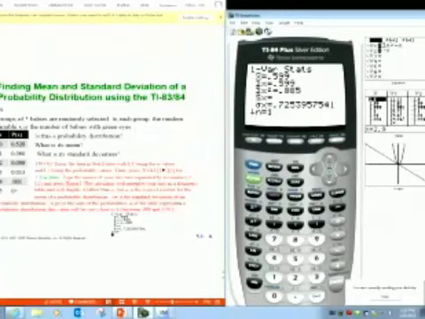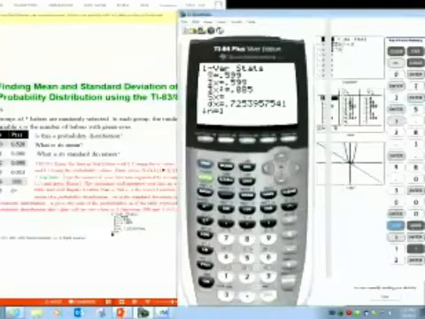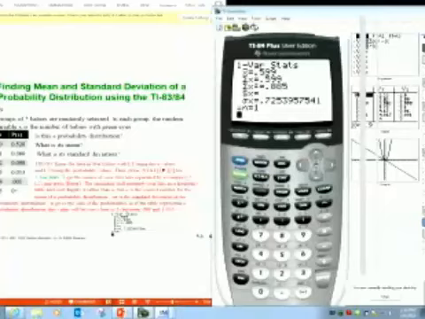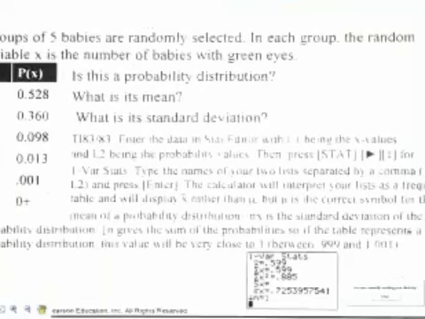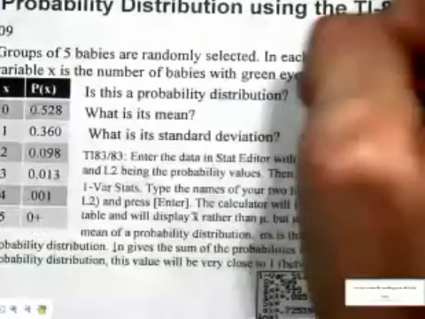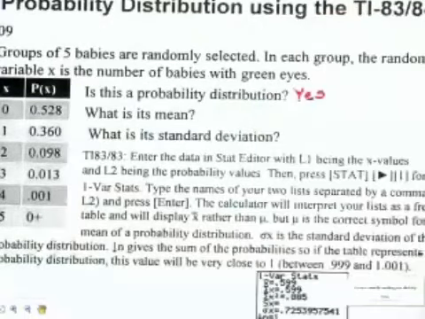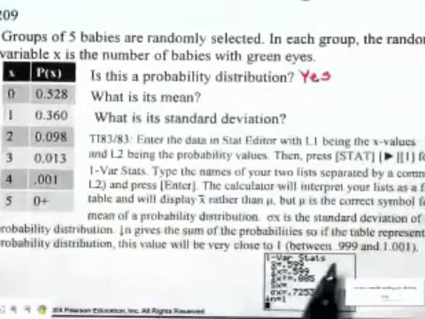Well, we know that this is a probability distribution for a population, and so that's why we're going to write our answer using mu instead of x bar. We're going to write, yes, it is a probability distribution. Its mean is 0.599, but it's mu instead of x bar.